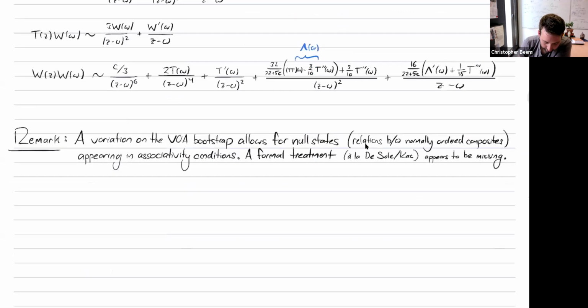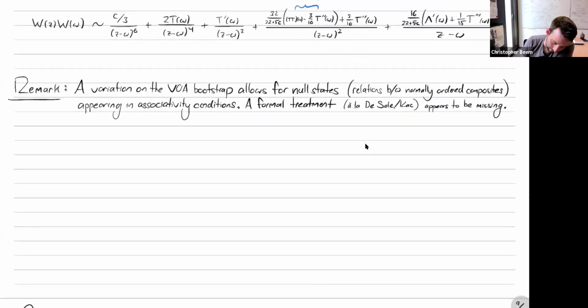And I should remark that there's a variation on this vertex algebra bootstrap procedure where you allow for the consistency conditions to only be satisfied modulo some ideal that you want to quotient by, what you would call null states in a more physical setting. I'm embarrassed to say, because this is a procedure that I use, that I can't find a formal treatment of it along the lines of what appears in the paper by Kac and De Sole.